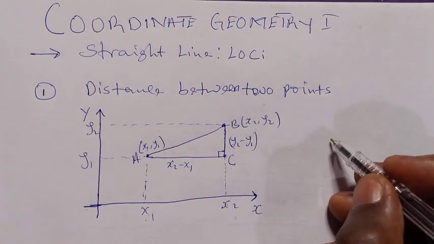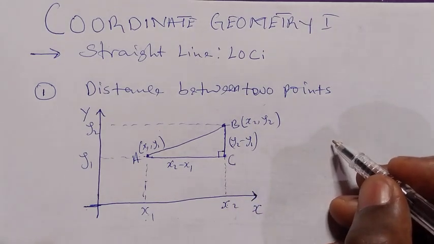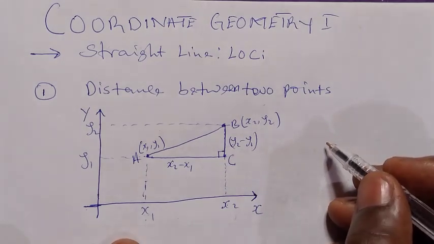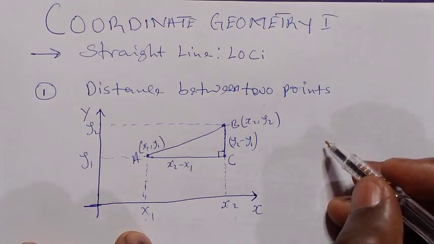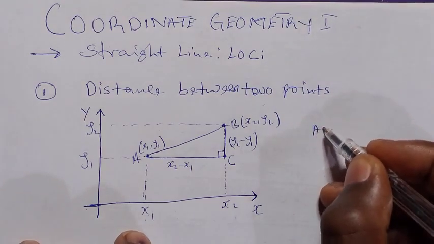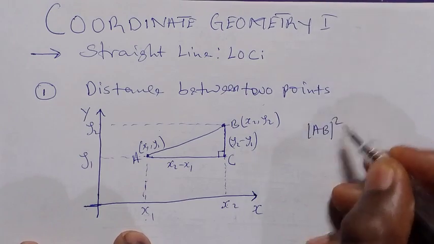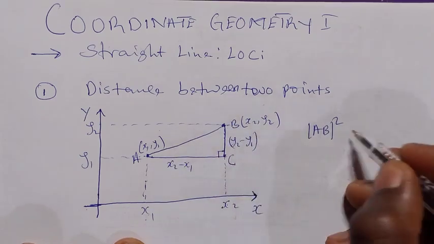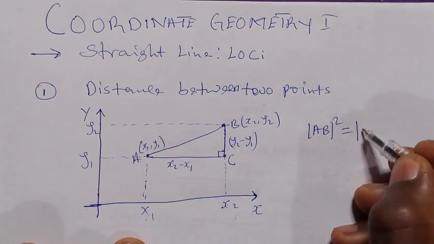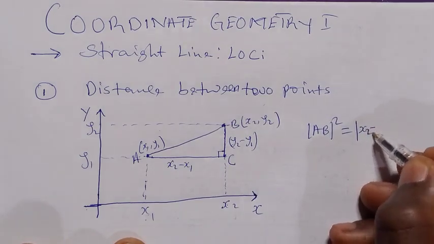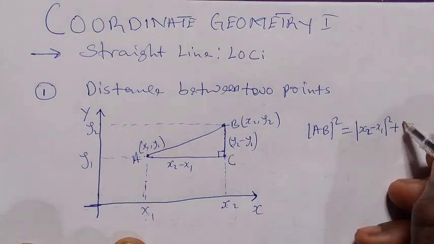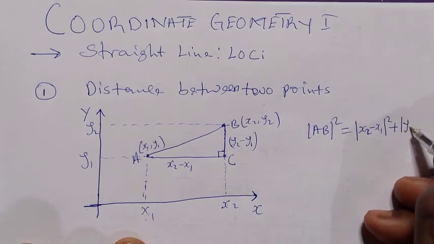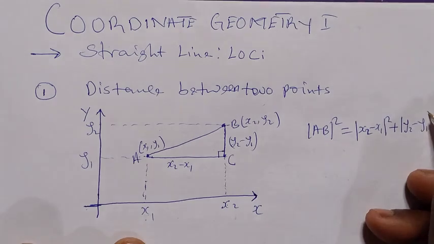You remember there's a relationship in elementary trigonometry by the great mathematician Pythagoras, that stated that the square of the hypotenuse, that is AB, is equal to the square of x2 minus x1, whole square, plus the square of y2 minus y1, whole square.